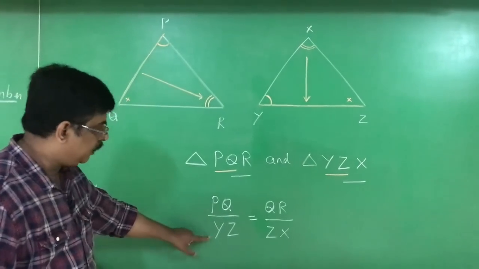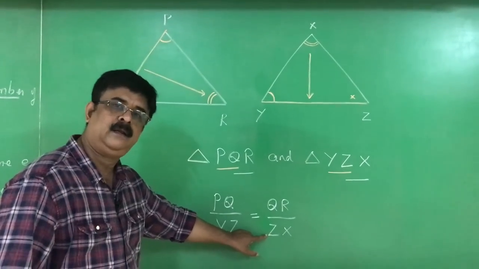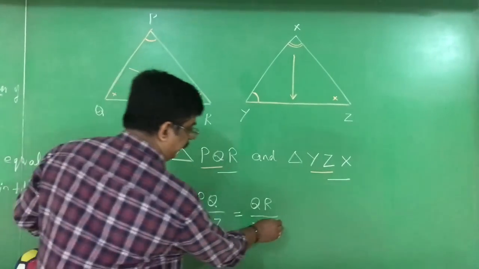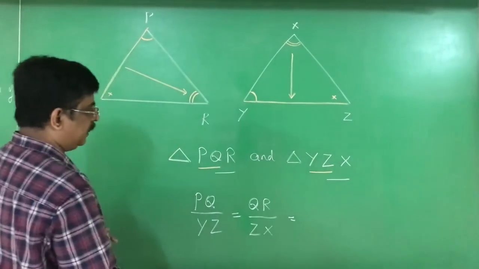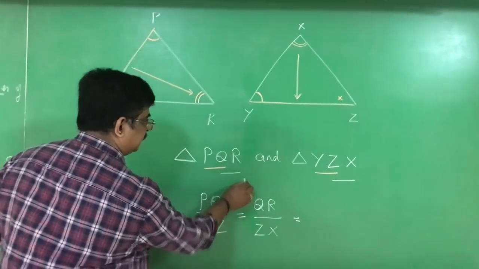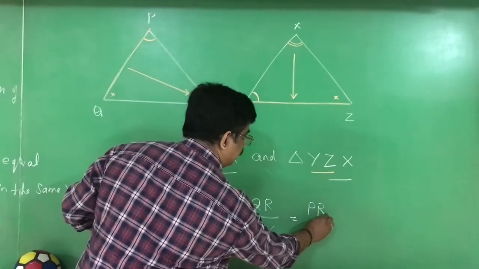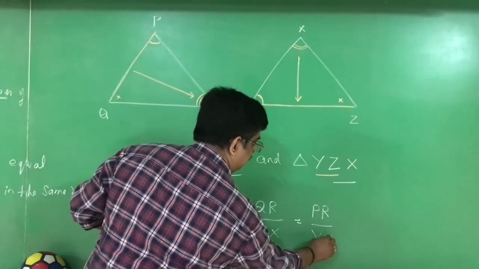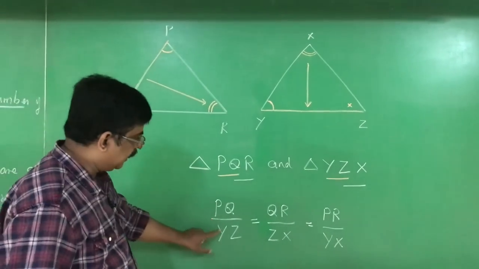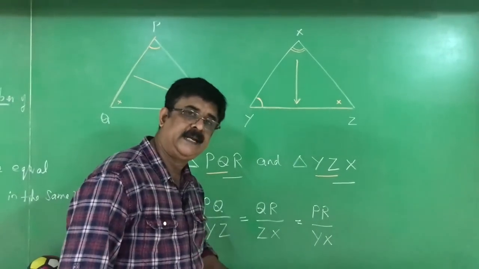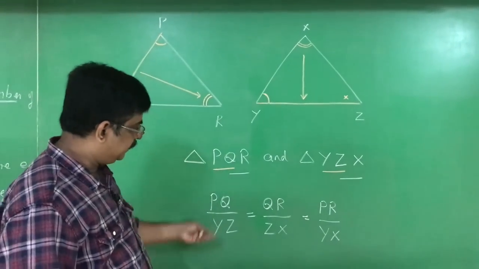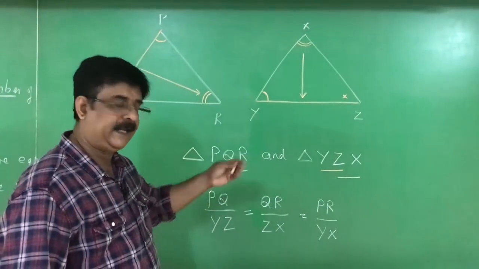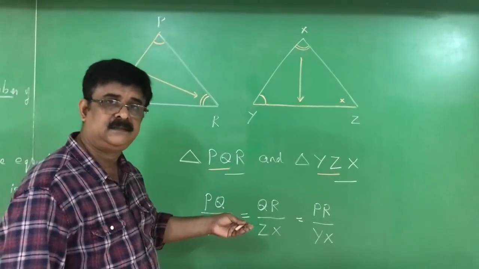These two are corresponding, these two are corresponding. There is one more ratio, which is the third ratio. First and the last, PR. The ratio of PR to YX is the same. These are all corresponding sides. What are corresponding sides? Corresponding sides are the sides opposite to equal angles in the case of similar triangles.